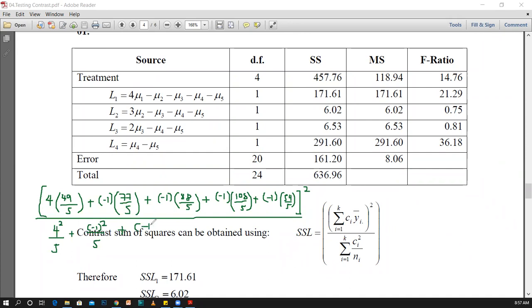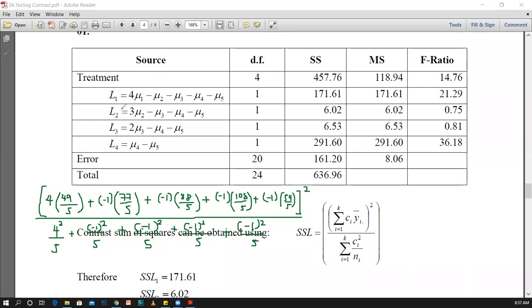Then the C3 value is -1 squared, divided by 5. The C4 value is again -1 squared, divided by 5. The C5 value is again -1, then its square term is divided by 5. This is how we calculate the contrast sum of squares for the first contrast.